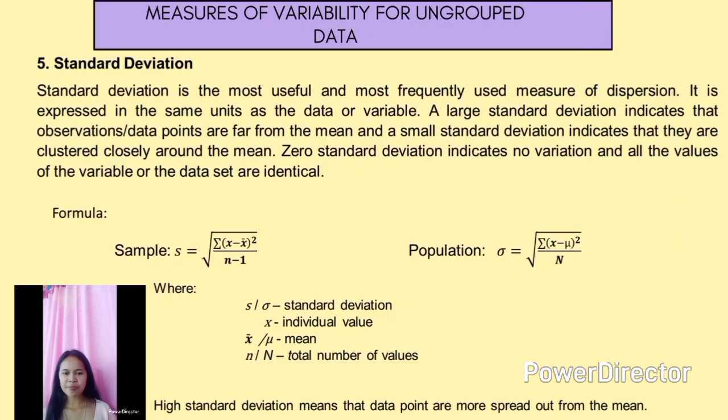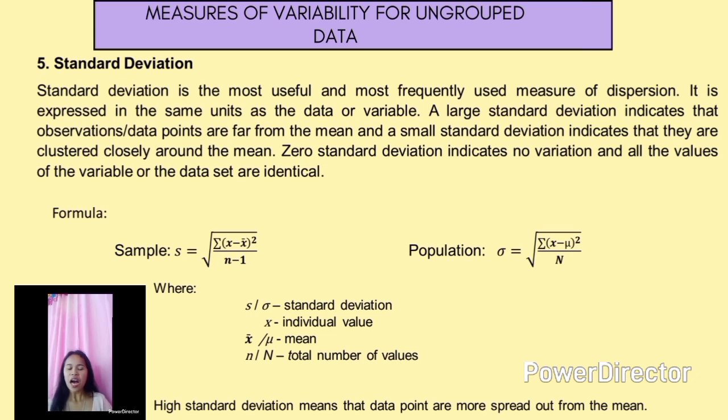Last but not the least measure of variability is the standard deviation. So what is standard deviation? Standard deviation is the most useful and most frequently used measure of dispersion, expressed in the same units as the data.